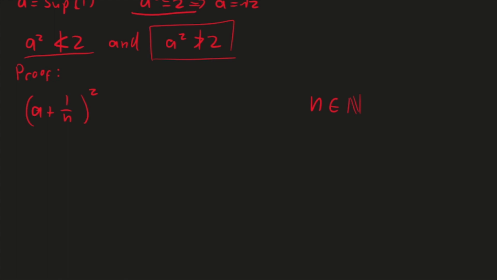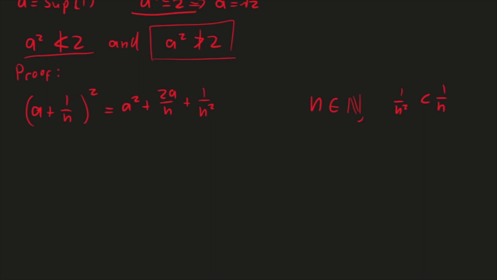So a plus 1 over n all squared, I know that was a bit of babble, but hopefully it'll make sense as we go, is a squared plus 2a over n plus 1 over n squared. Fun little thing, 1 over n squared is going to be less than 1 over n.